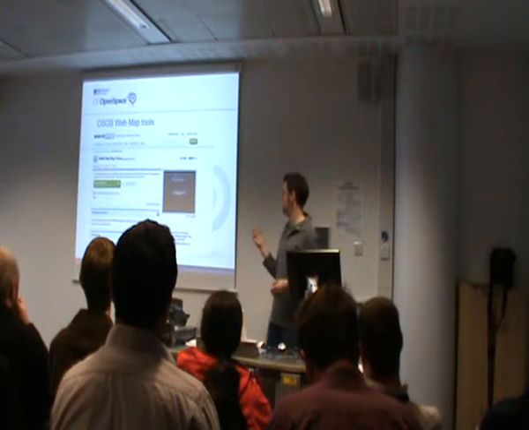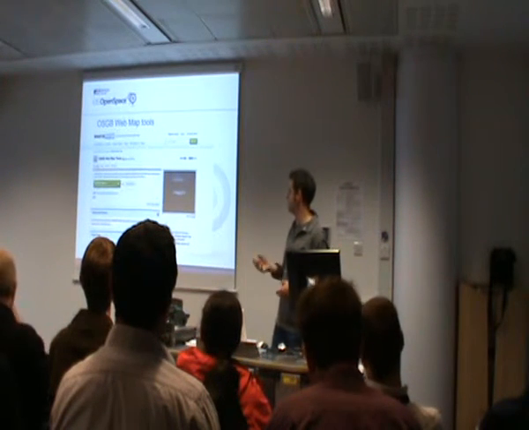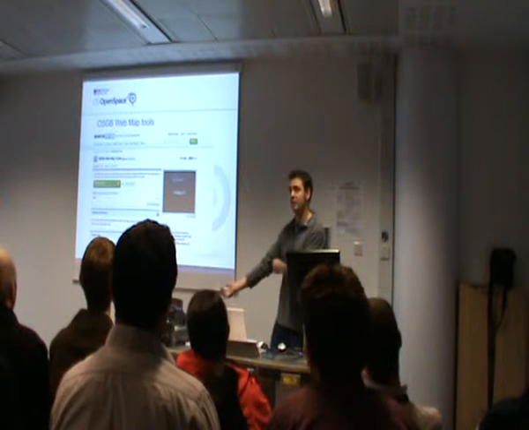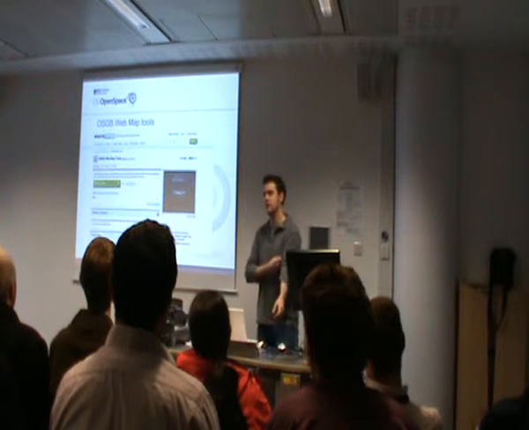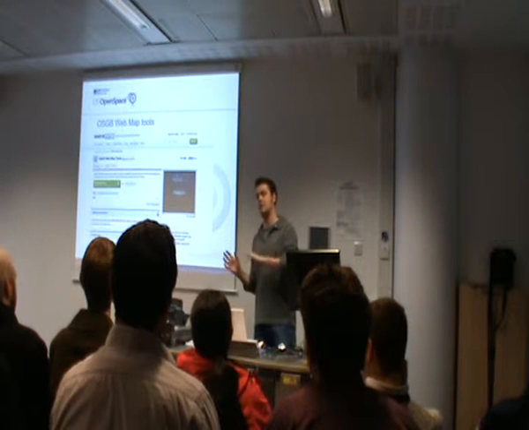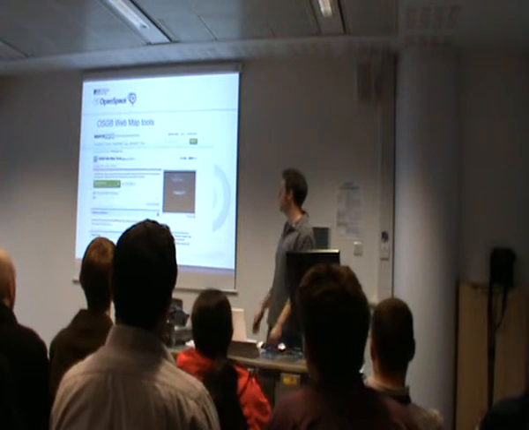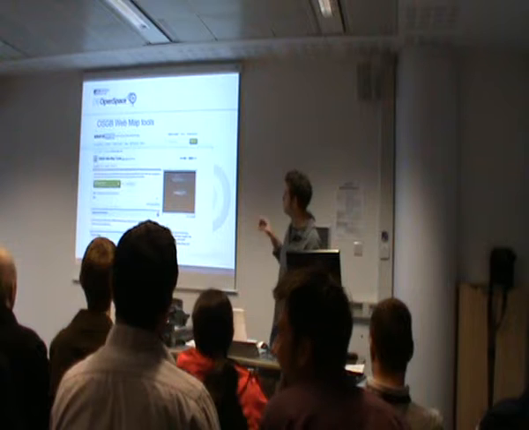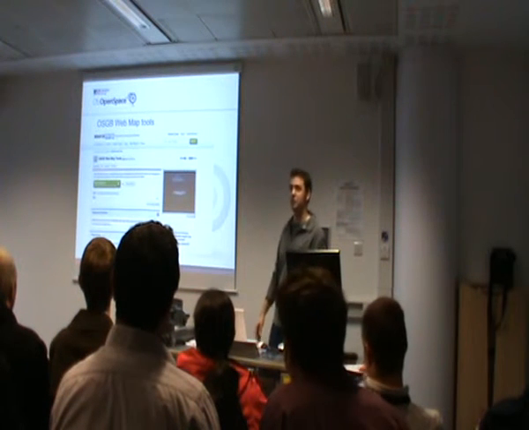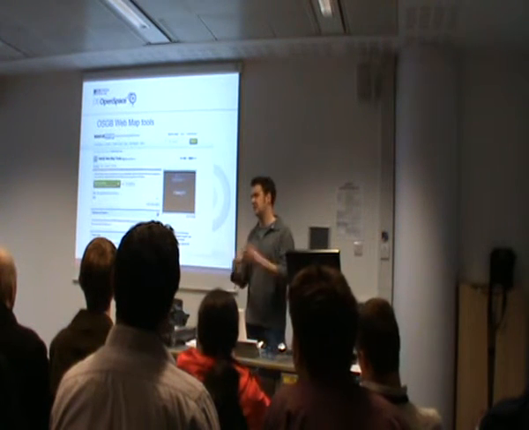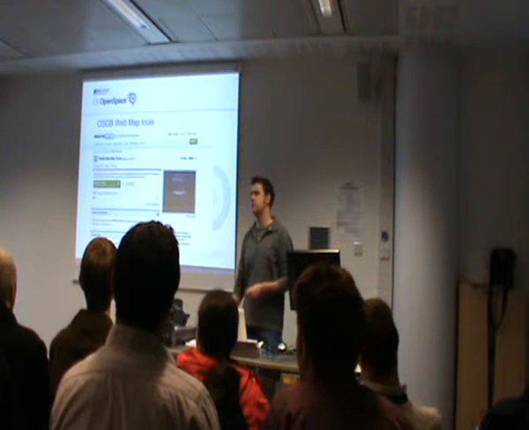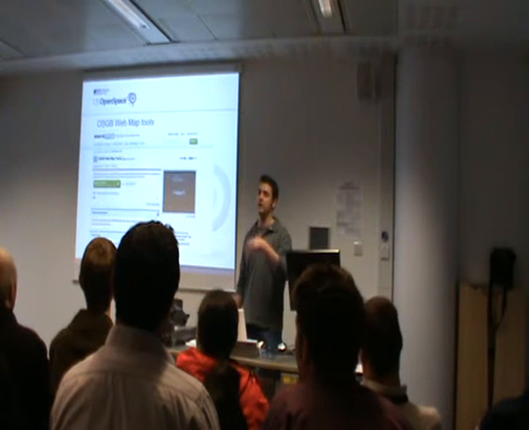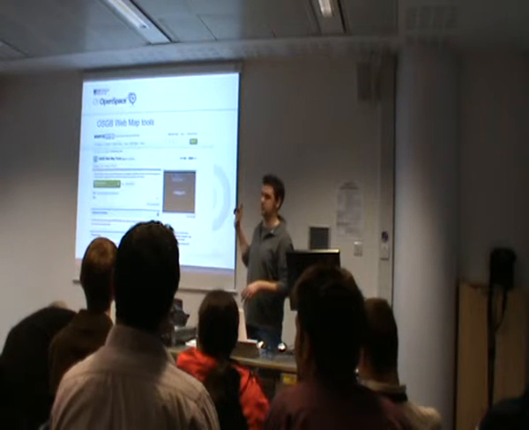Firstly, a number of these things predate or are unrelated to open data. They just happen to all have a similar objective. This is some software on SourceForge called OSGB Web Map Tools. It's effectively a customized version of GeoServer, one of the open source web map services that was on Phil's slide.